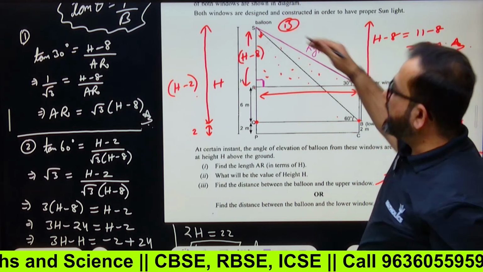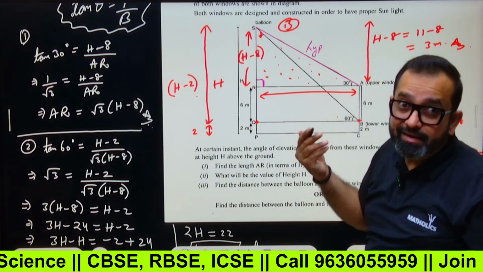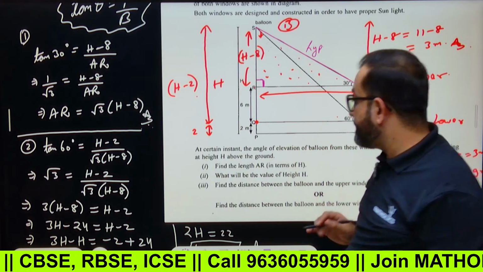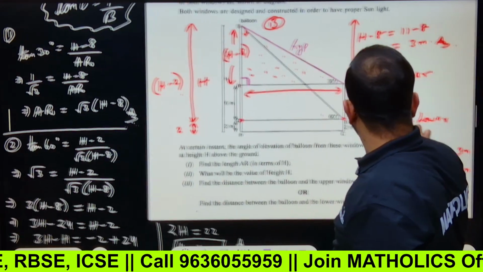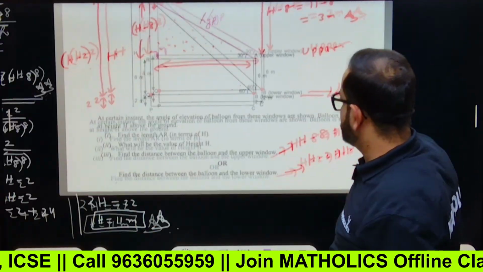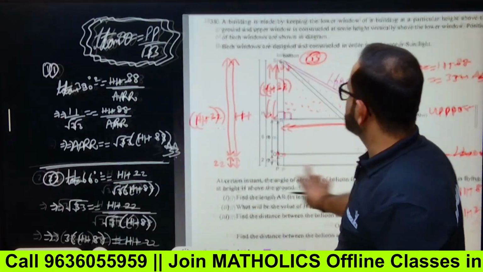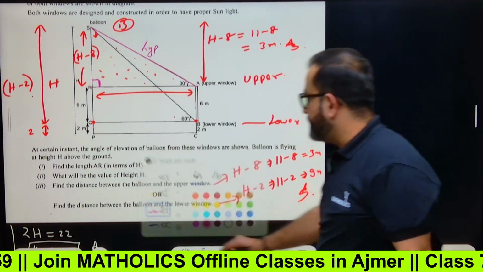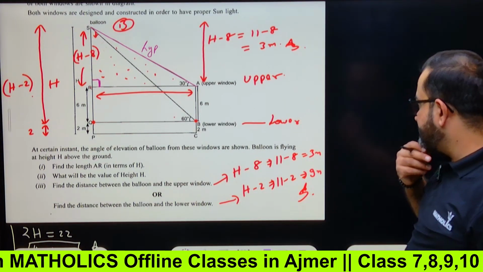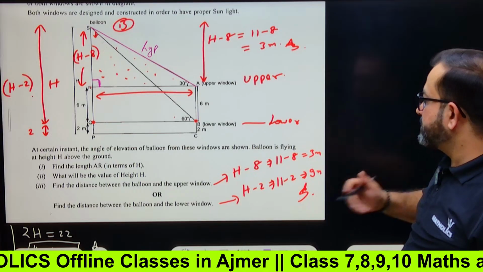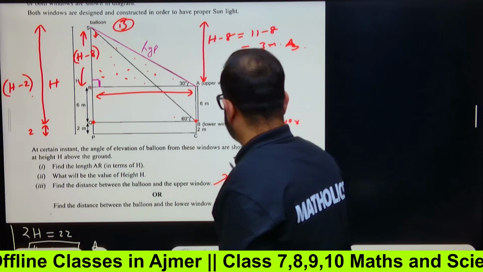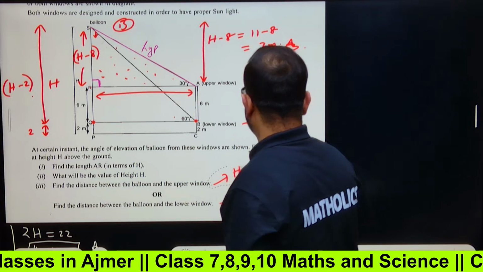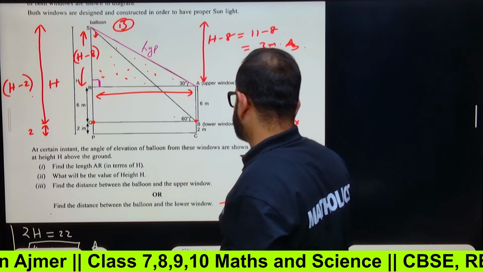For hypotenuse, obviously you must use sine theta, because sine theta is perpendicular upon hypotenuse, right? We can solve it right now. The distance is between balloon and upper window, not lower window.